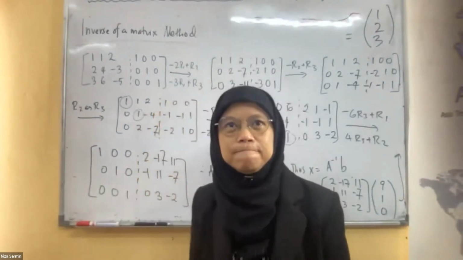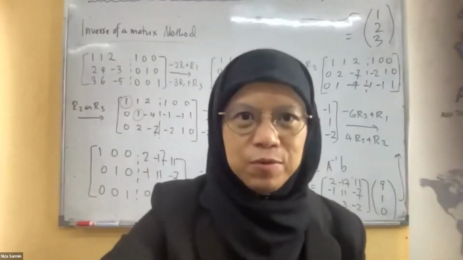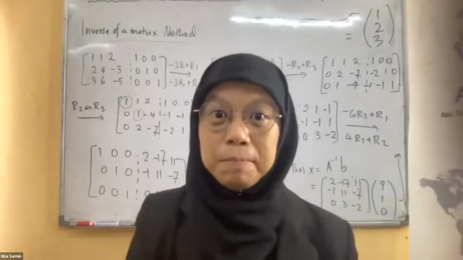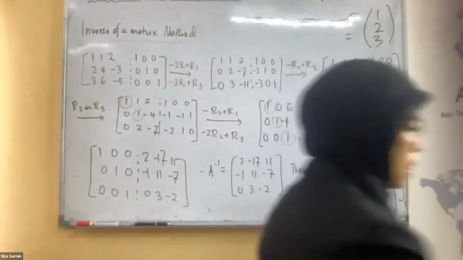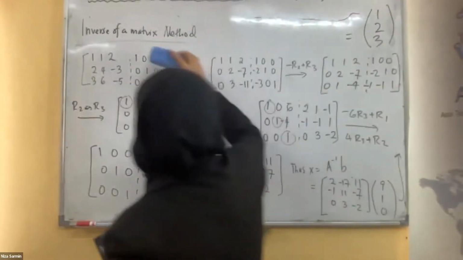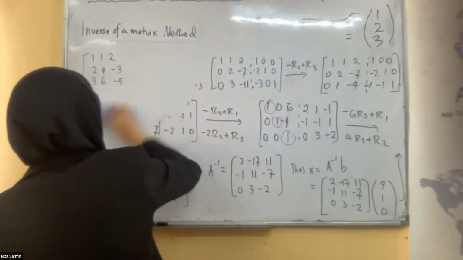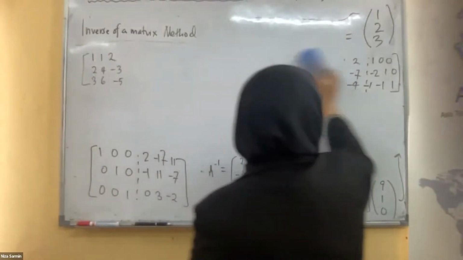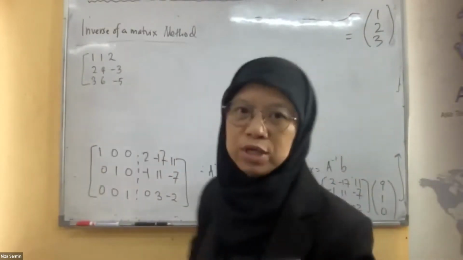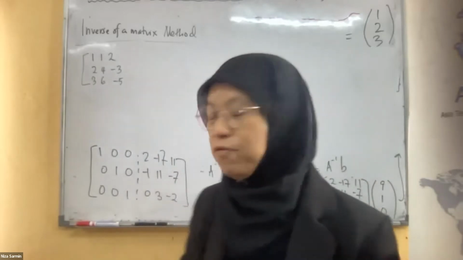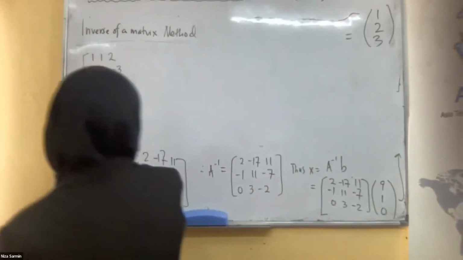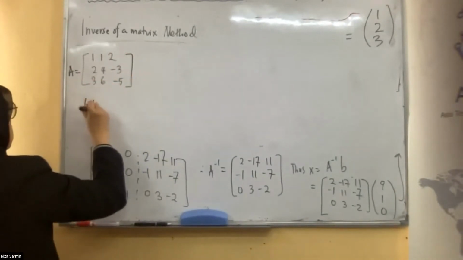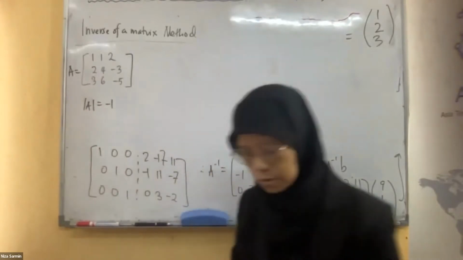Okay, let's try, before we take a break, to find the inverse using another method. Okay, this is the matrix. If the question does not say to use a certain method, meaning you can find it using another method. So this is your A. Just now we found the determinant, right? -1.